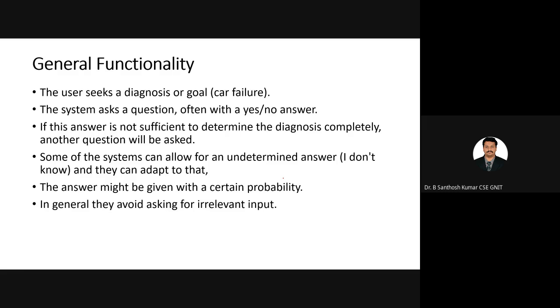Then the next one is that the system asks questions, often with yes or no answers. Normally in chatbots and so on, we can design like that. If the answer is not sufficient to determine the diagnosis completely, another question will be asked. I think some programs are also conducted on television. Suppose they tell you to imagine one person. They will ask several questions.